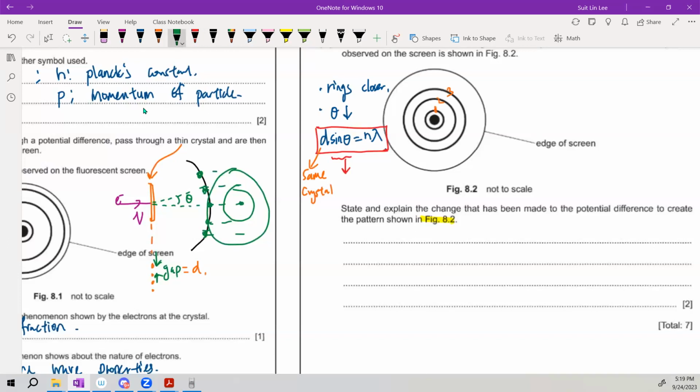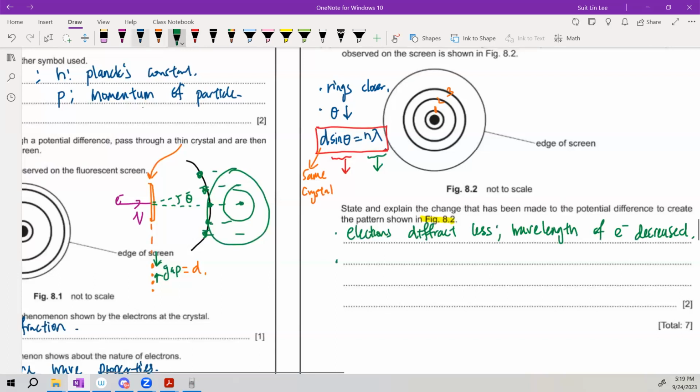If theta decreases, this means lambda decreases. So I'll write down that the electrons diffract less. Because of this, the wavelength of the electron decreased, because this is what we see.